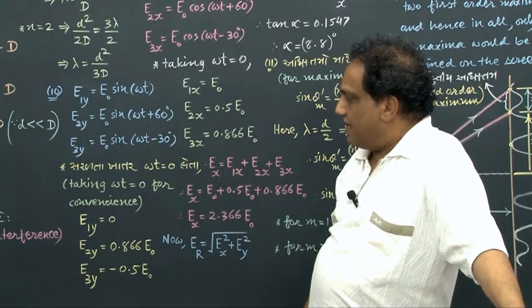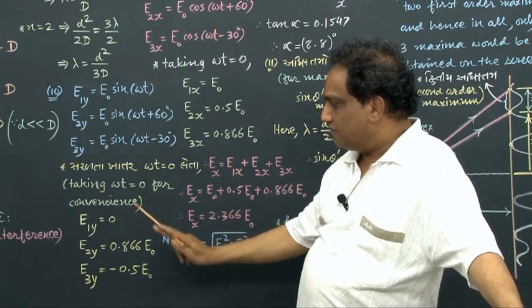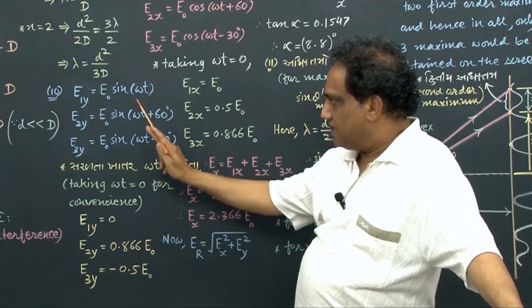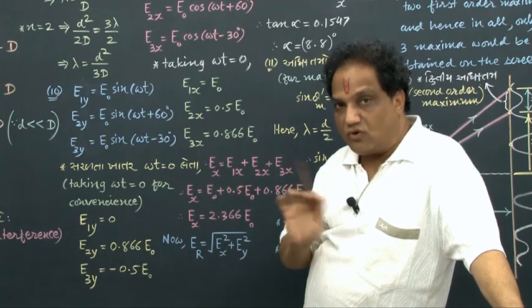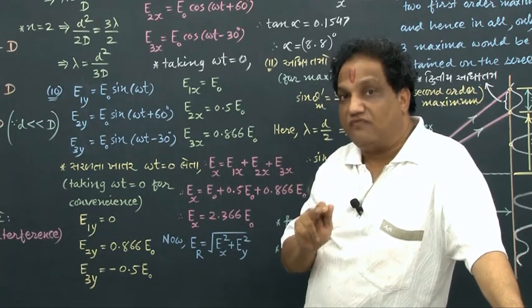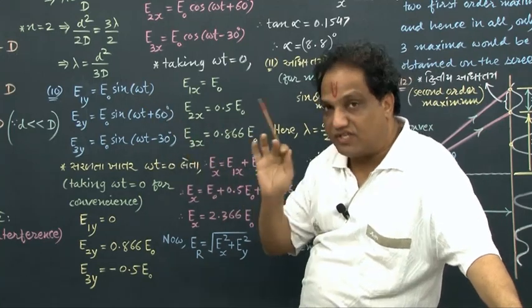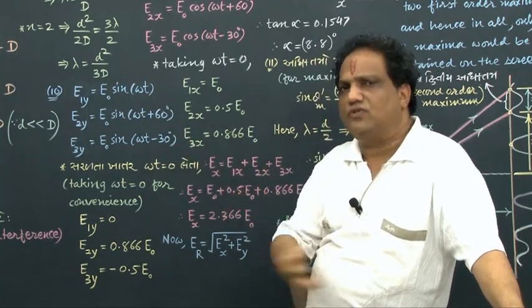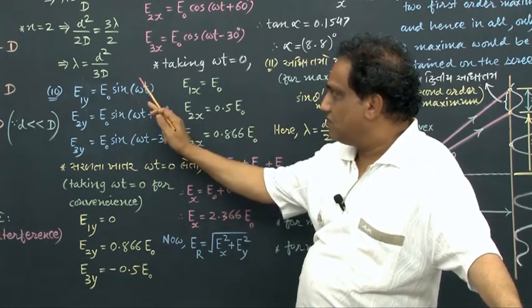Fine. Now, just for the sake of convenience, you take omega t equal to 0. Correct? Why can you do that? Because here phases are not important, phase difference is important. So if omega t is taken as the reference phase, then you can choose any value as the reference phase. At present I am choosing 0.